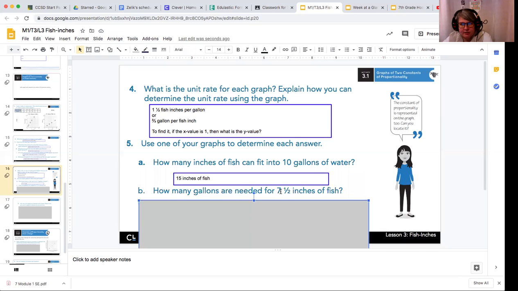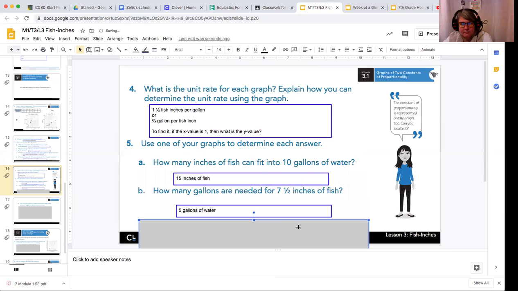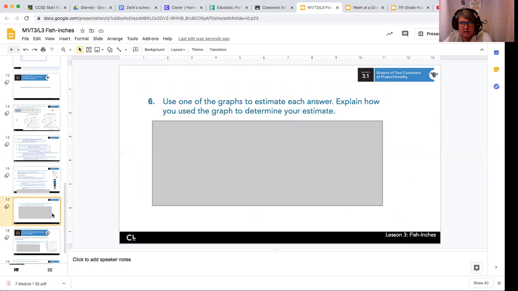Look at this relationship here. So if you said 5 gallons, you are correct. 7.5 is half of 15. 5 is half of 10. Math magic.